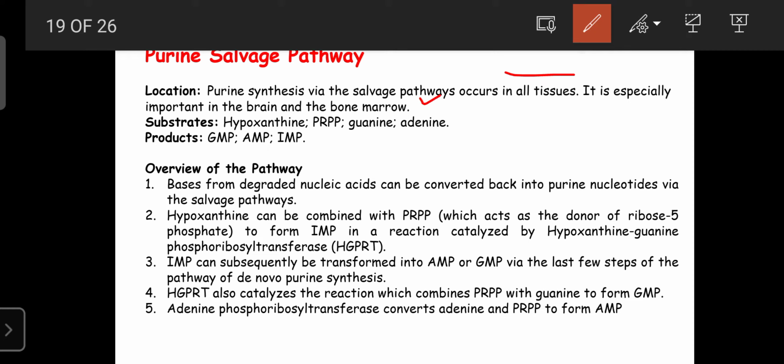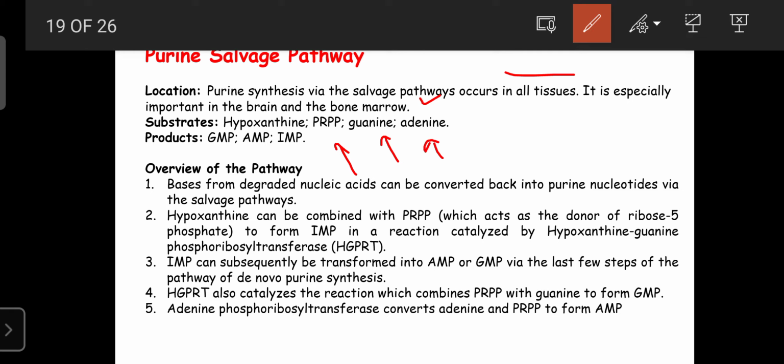So those are reutilized for the formation of purines by the brain as well as bone marrow. Regarding the substrates for the purine salvage pathway, that is hypoxanthine, PRPP, guanine, and adenine. So these are the substrates from which the purines can be formed.